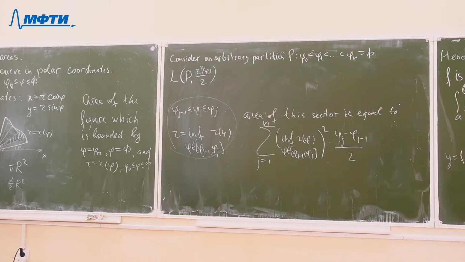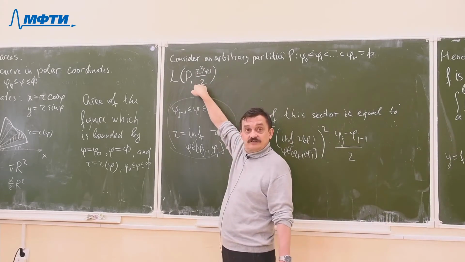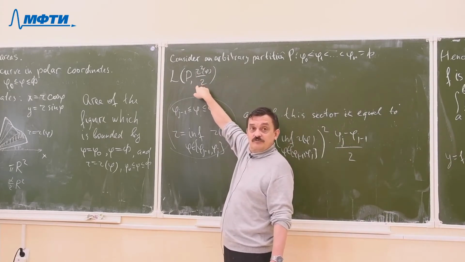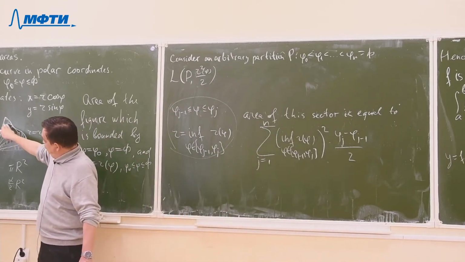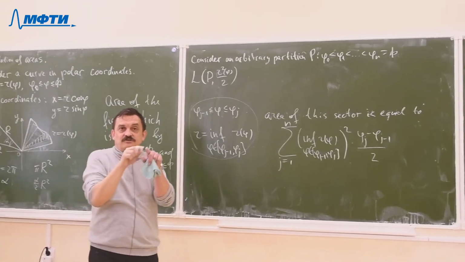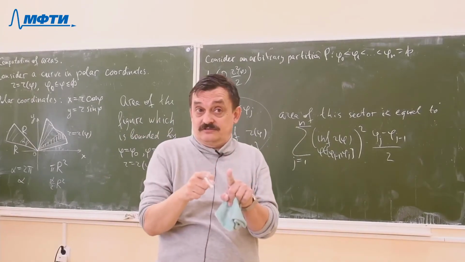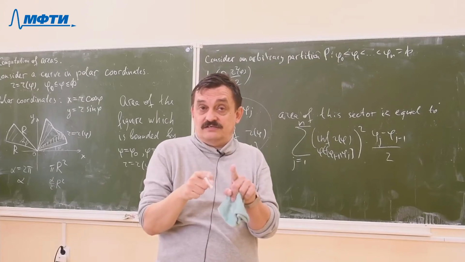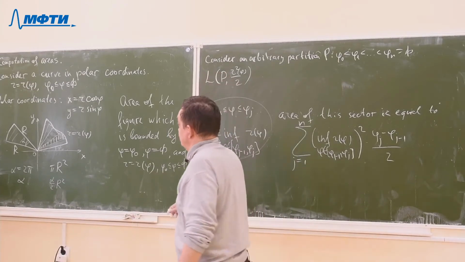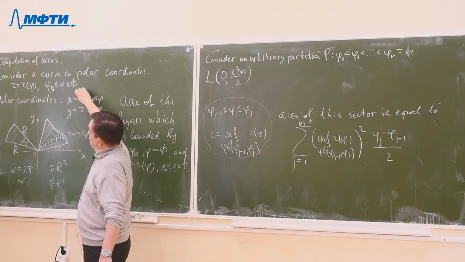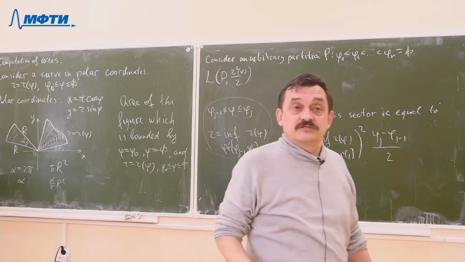So the geometric sense of the Darboux sums of that function is the area of such a figure which consists of several sectors, and this figure is inside our original figure in polar coordinates.